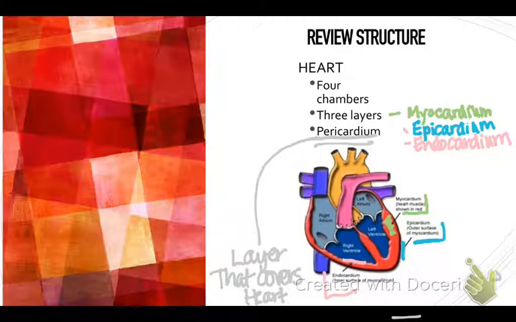So if there is a problem, too much fluid, not enough fluid, infection, inflammation, then sometimes the heart is swollen or enlarged, and you may hear a pericardial rub. That's the heart rubbing on the pericardial sac. We will talk about that later when we talk about complications, but this is just your review of the structure.